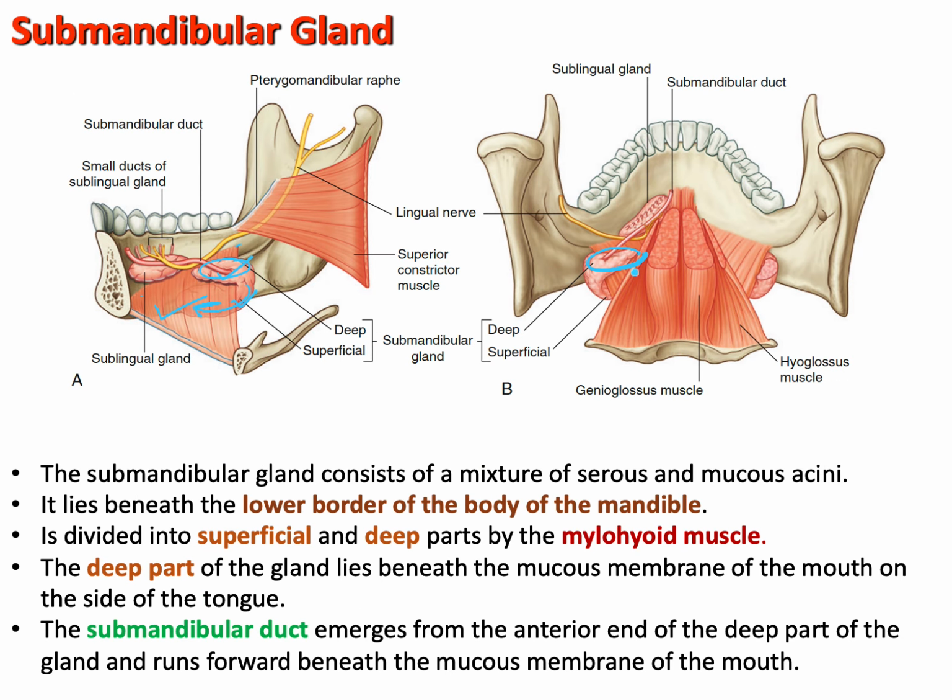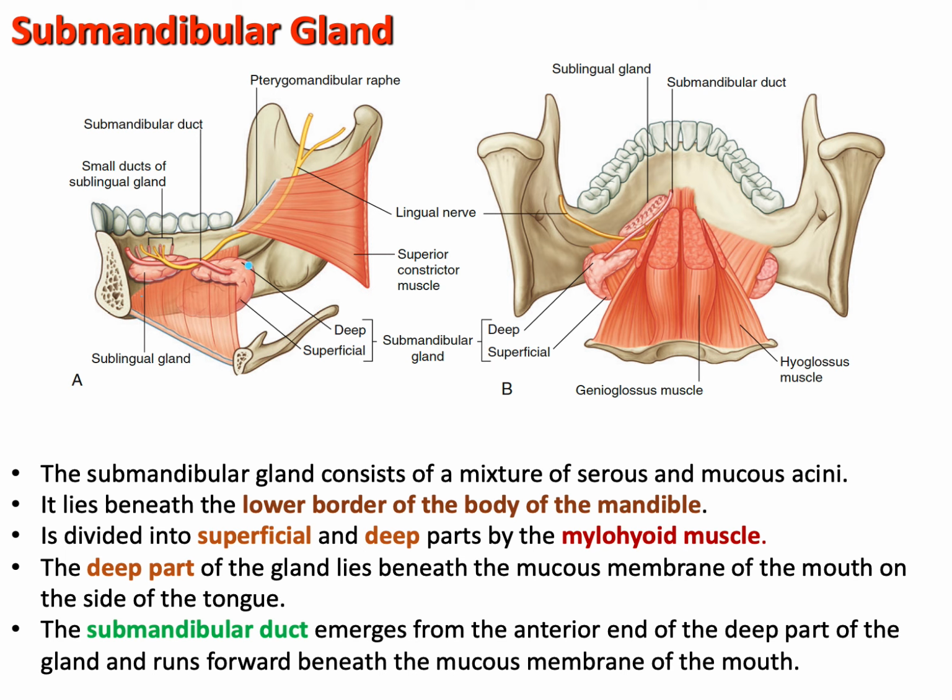Let us go back. Here is the deep part. So these are the muscles of the tongue. So you can say, okay, this is your tongue. So it's just to the side. The deep part is located just to the side of the tongue, beneath the mucous membrane of the floor of the mouth.